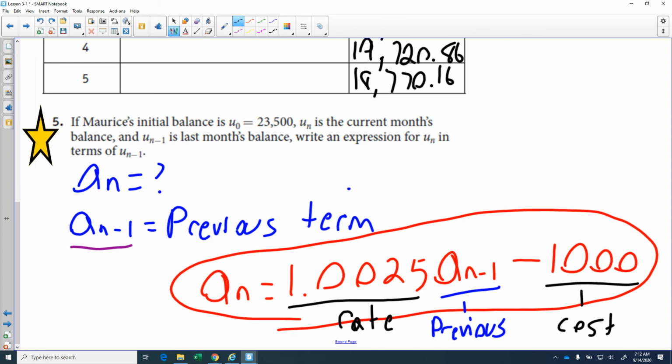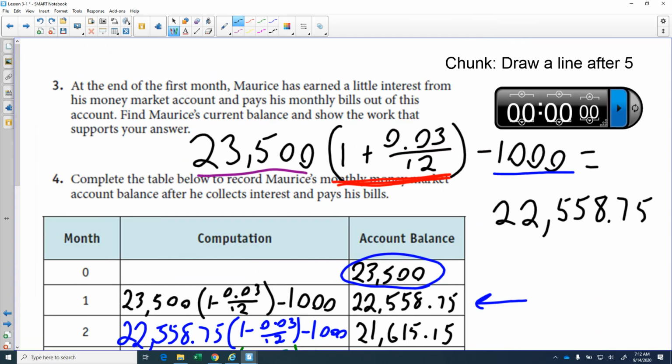If you really think about what I did here, I pretty much rewrote this equation as a recursive statement, right? This is our rate. This is our previous balance. And this over here is our cost. The only difference now is I'm stating it in recursive form.